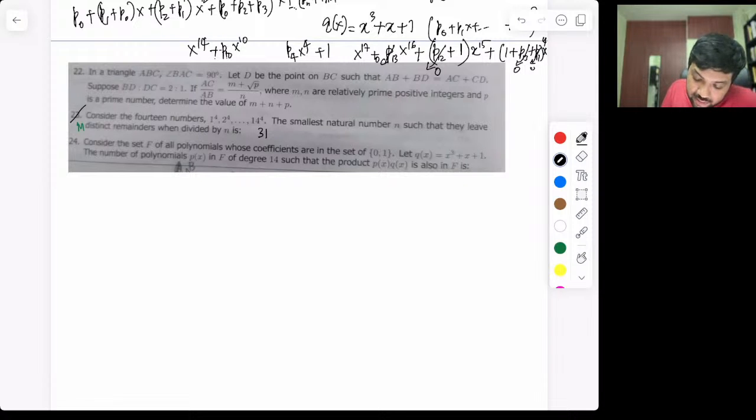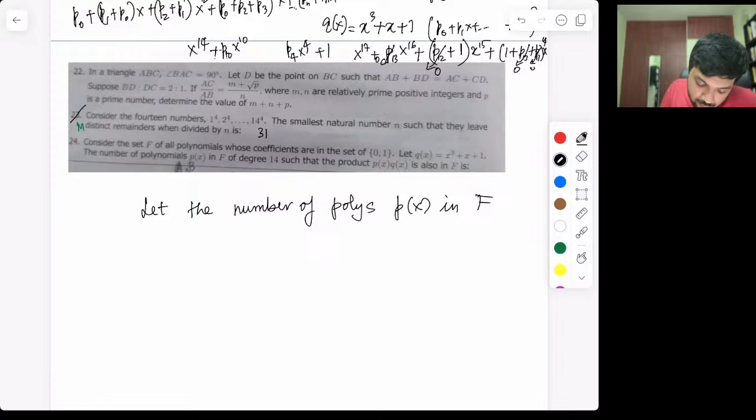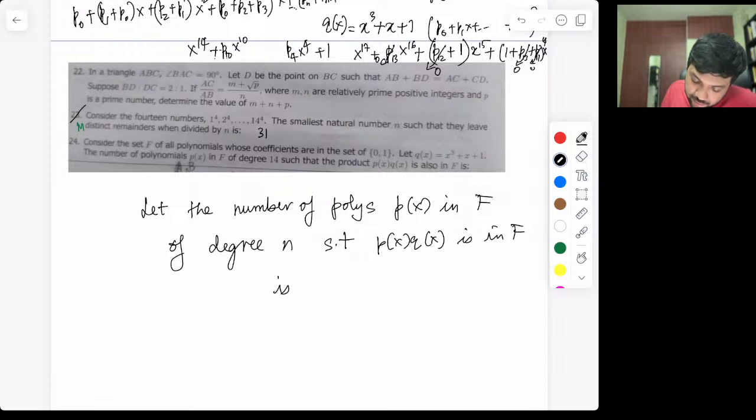So basically in this problem, the recursion goes like this: let the number of polynomials p of x in F of degree n such that p of x into q of x is in F be some f of n.